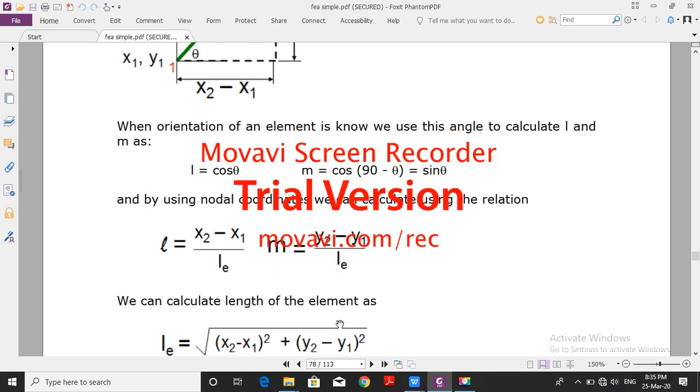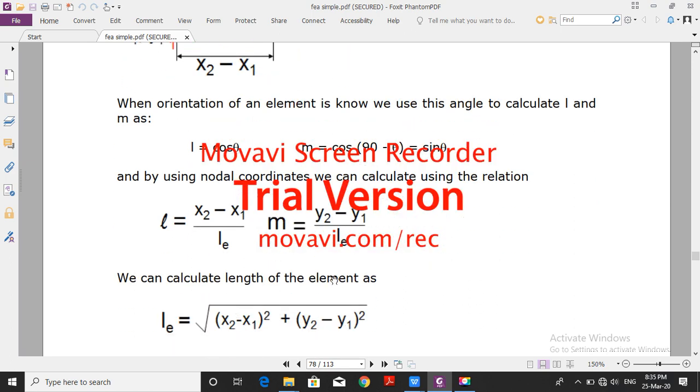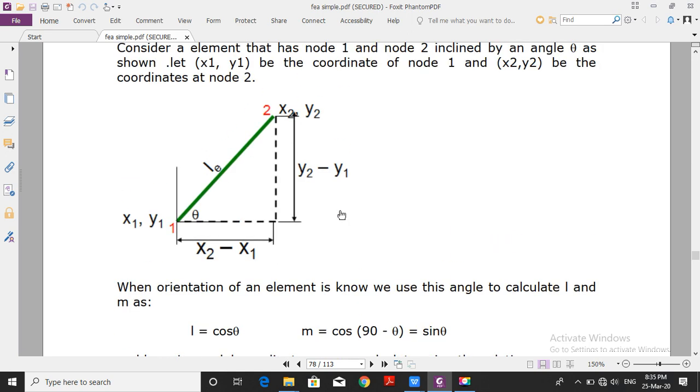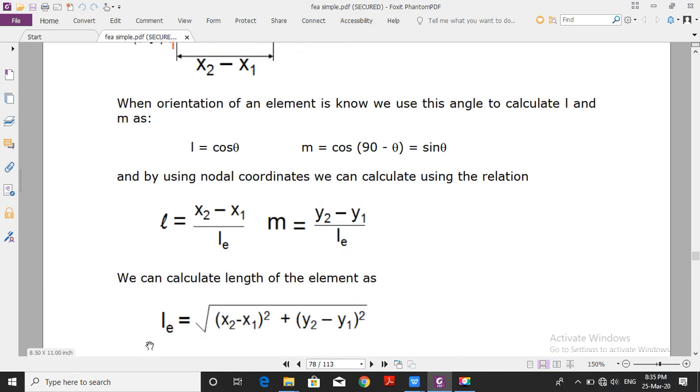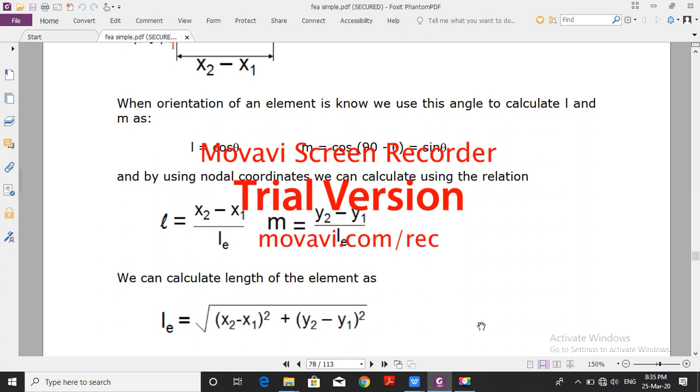We can calculate the length of the element using the Pythagoras theorem: le is equal to under root of (x2 minus x1) bracket square plus (y2 minus y1) bracket square.